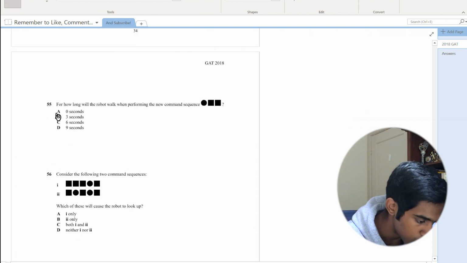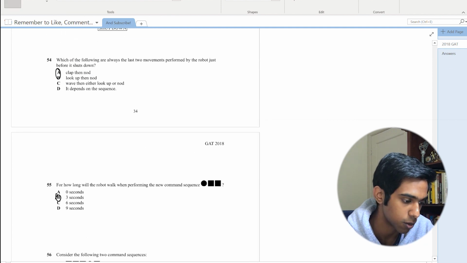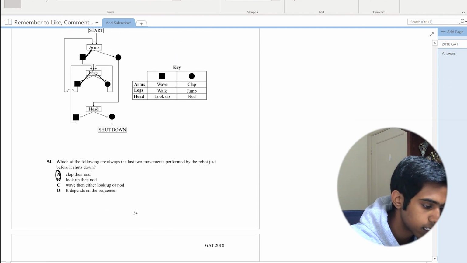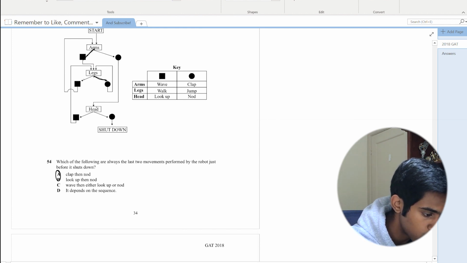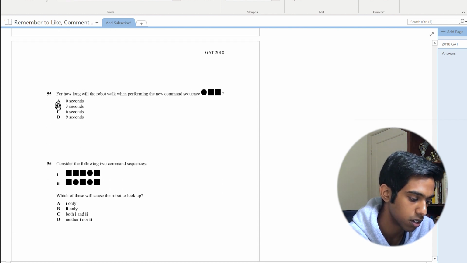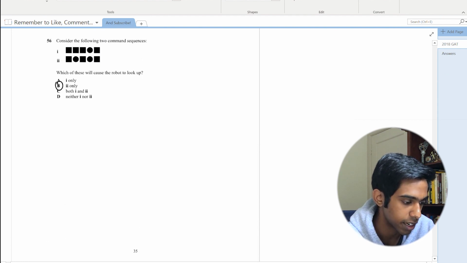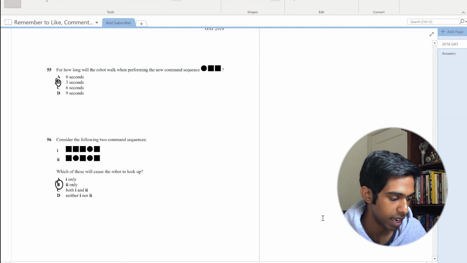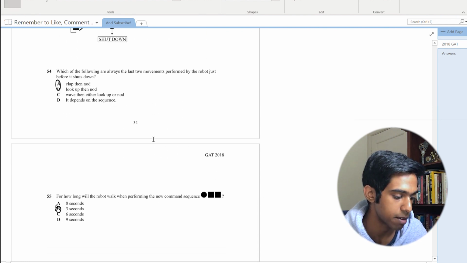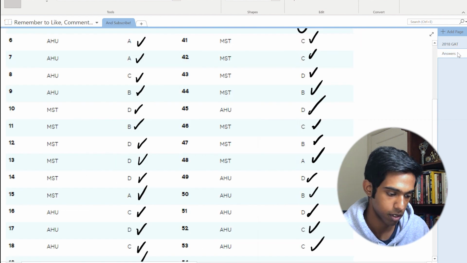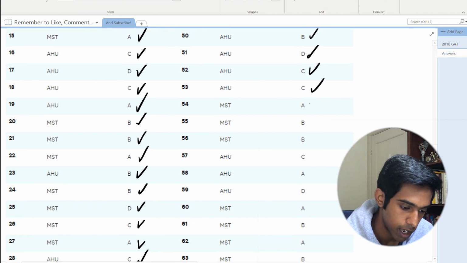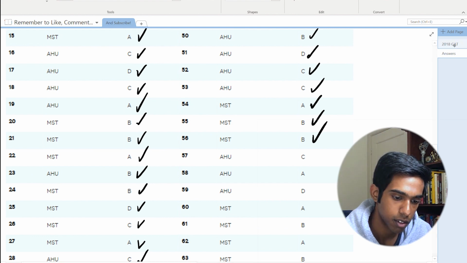But then we have circle, square, square, circle, square, circle, square. So we have, let's just get rid of these, square, then circle, then square, then circle, then square. So the second one will cause the nod. That's the end of this one. We got B and B. Oh, so A, B, and B. A, B, and B is right. Perfect.